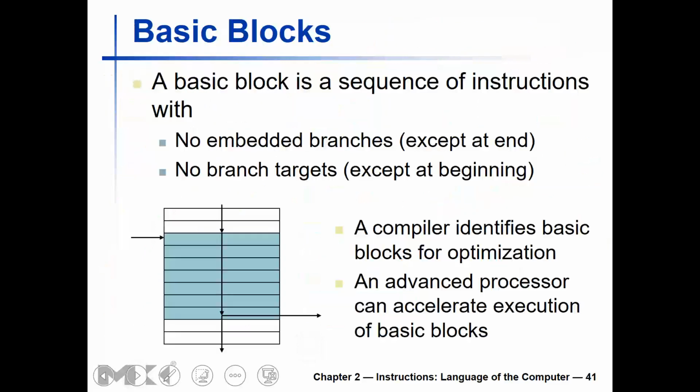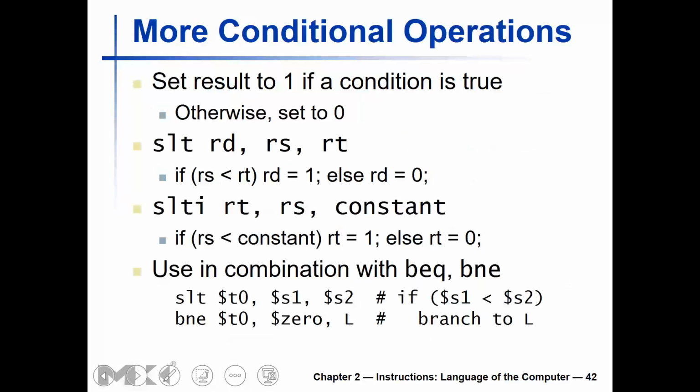Basic blocks refer to those blocks that don't have jumps or branches. This is one of the very important concepts for compilers as well. Now, we have an instruction called set if less than. Set if less than means that I will compare two registers, RS and RT.